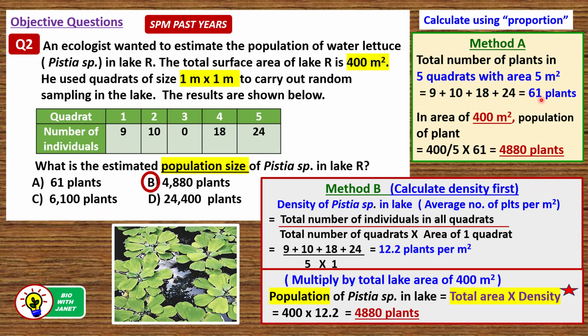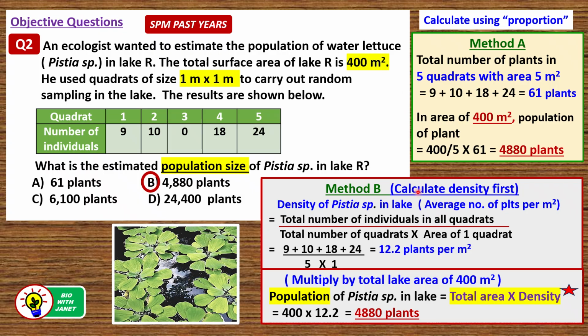So use proportion. That means 5 meters squared area gives you 61 plants. So how about an area of 400 meters squared, which is the total surface area of the lake? So by proportion, it should be 400 divided by 5 times 61, and that will give you 4880 plants. Because you know the area of the lake, you can find the population of the Pistia species in the lake.